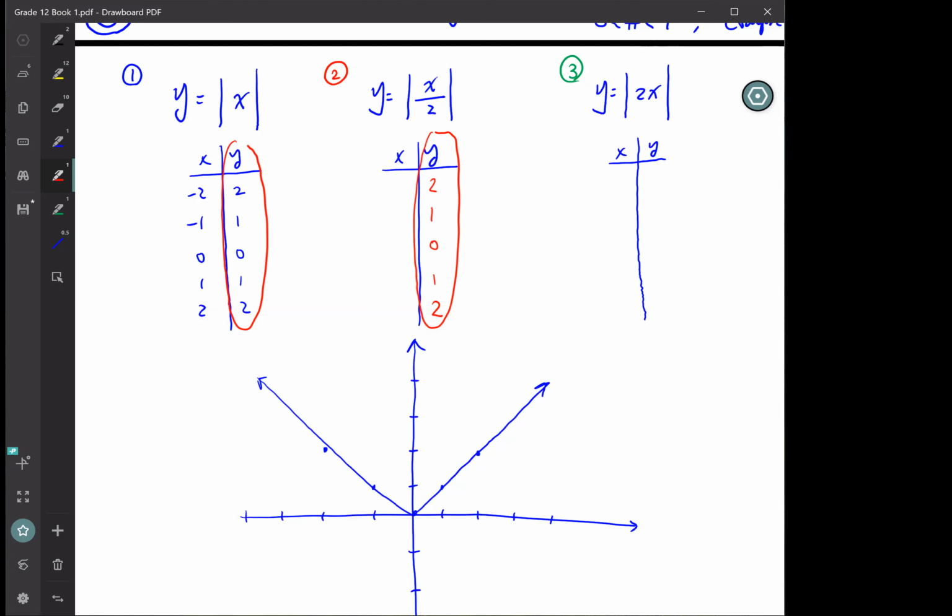So it's 4. So 4 divided by 2 will be 2, and the absolute value will be 2. Is there another number that can also give you 2? Negative 4. Yes.